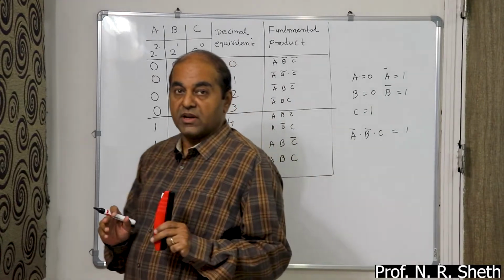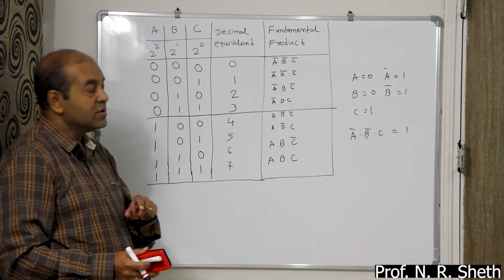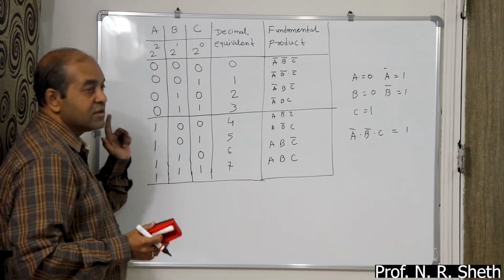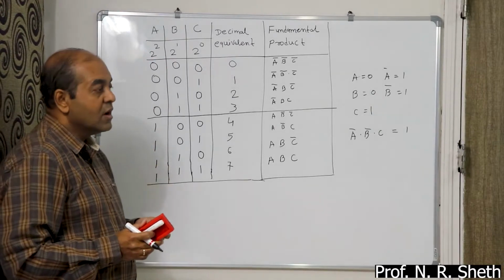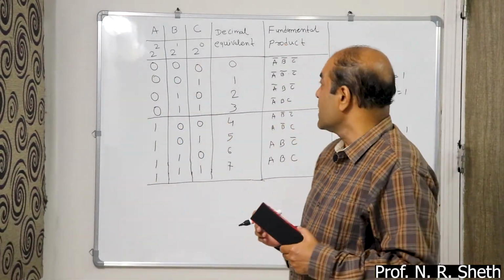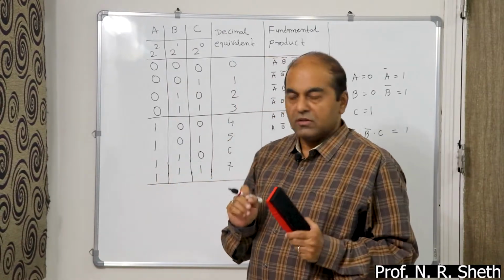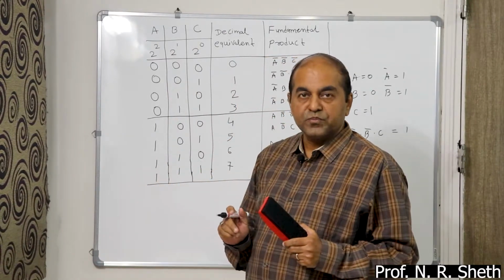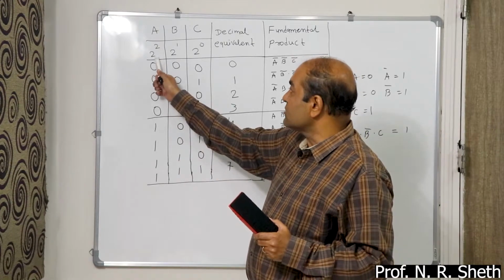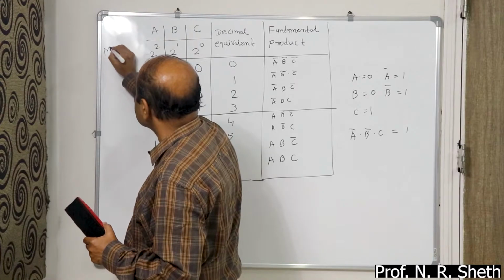For a 3 variable circuit, in this method you have to prepare the truth table, so the entire thing is in sequential order. Now 2 more things: LSB and MSB. As far as bit position is concerned, the weightage of this one is maximum, so it is known as MSB.